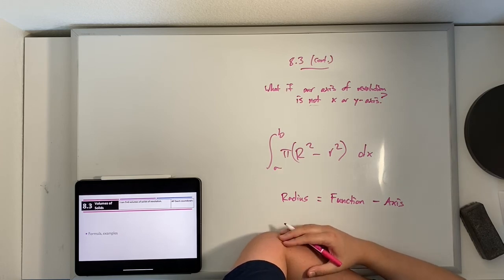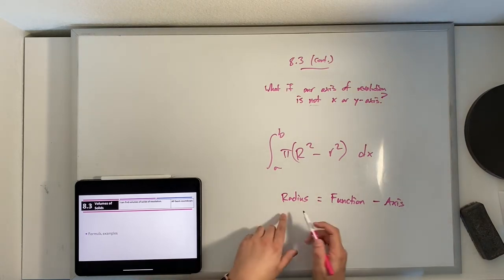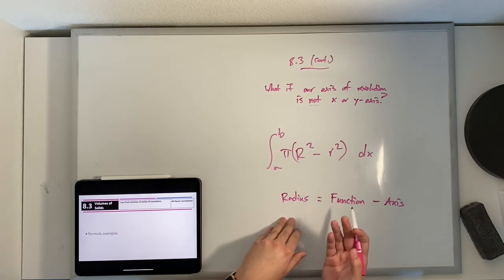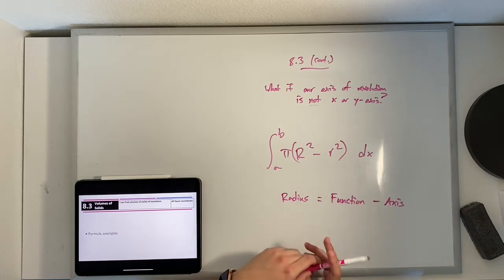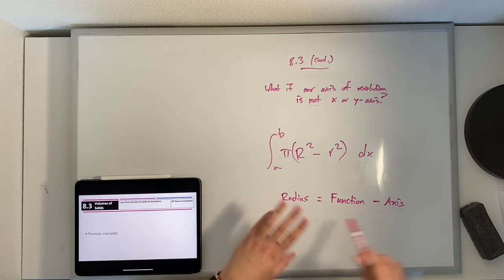If I'm squaring it, that's the same value as e to the x minus 2 quantity squared. This works every time. The only difference is that for big R, we're using the function that's furthest away from the axis. Little r is the function that's closest to the axis, and that goes first. So this general rule of thumb, this formula, works every time.